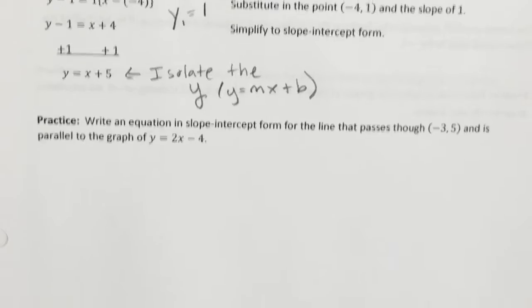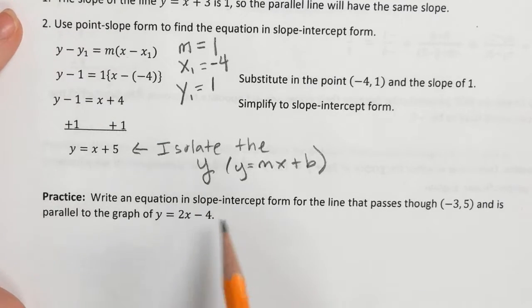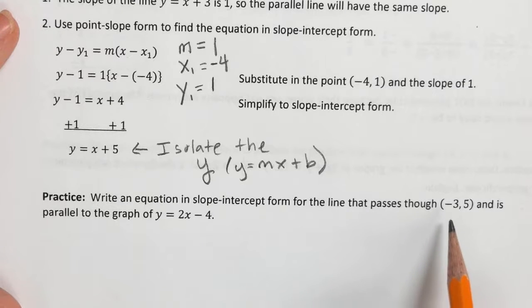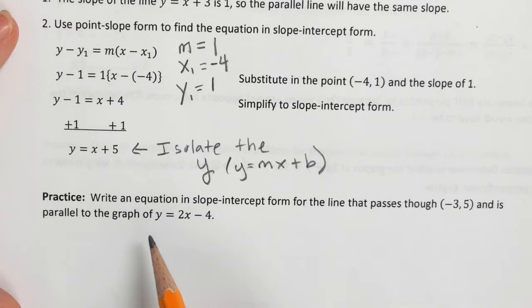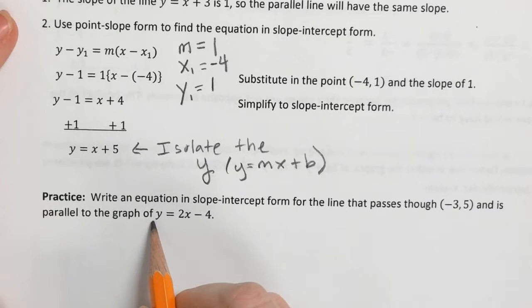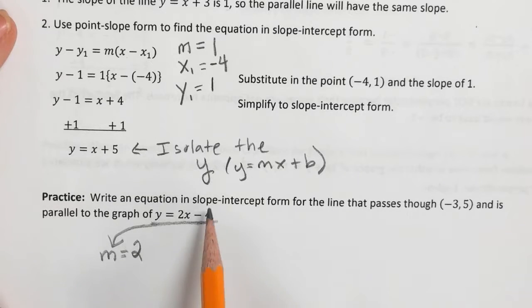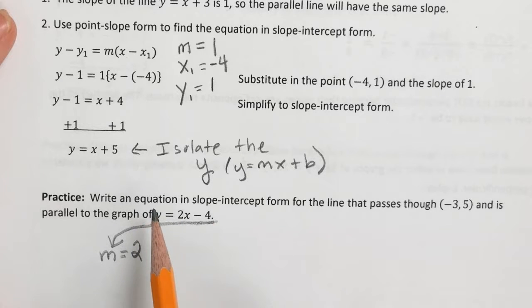Okay, so look down here. Write an equation in slope-intercept form for the line that passes through -3, 5 and is parallel to the graph of y equals 2x minus 4. So first, look at this and pick out what is the slope. 2. Sometimes this equation is going to be already in slope-intercept form, sometimes it's not. If it is not, you've got to get it there so you can see what is m.